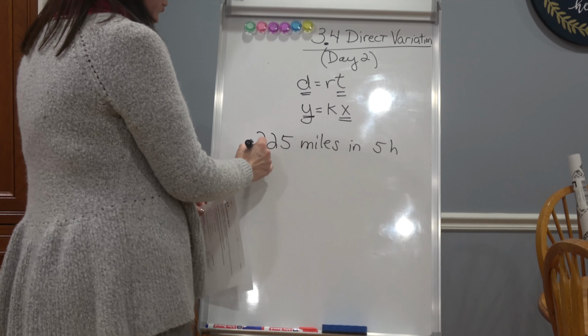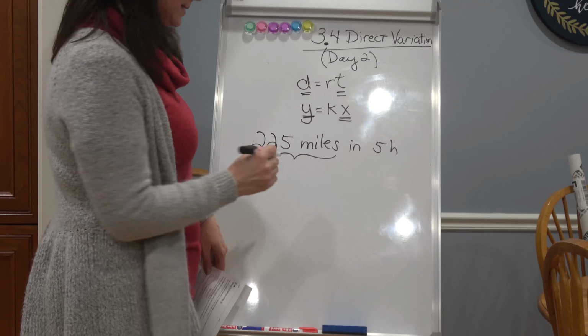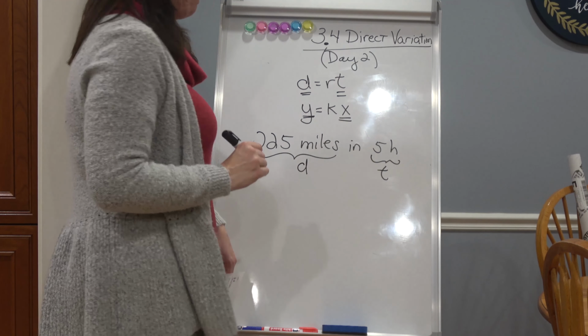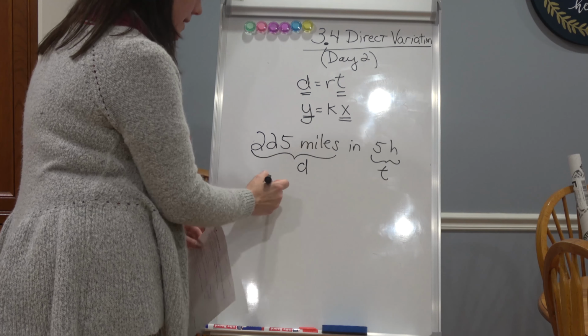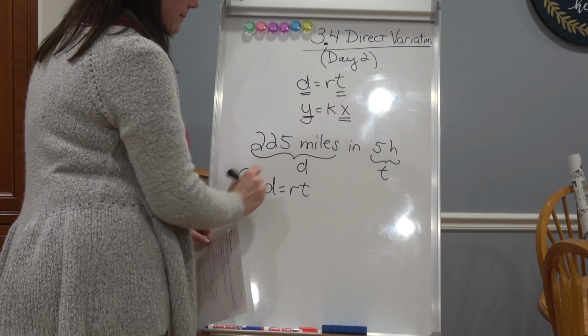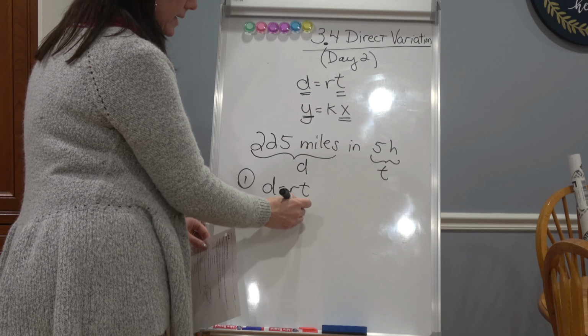So 225 miles is the distance, 5 hours is the time. So we can write an equation. If we know distance equals rate times time, we can say that 225 equals the rate times 5.